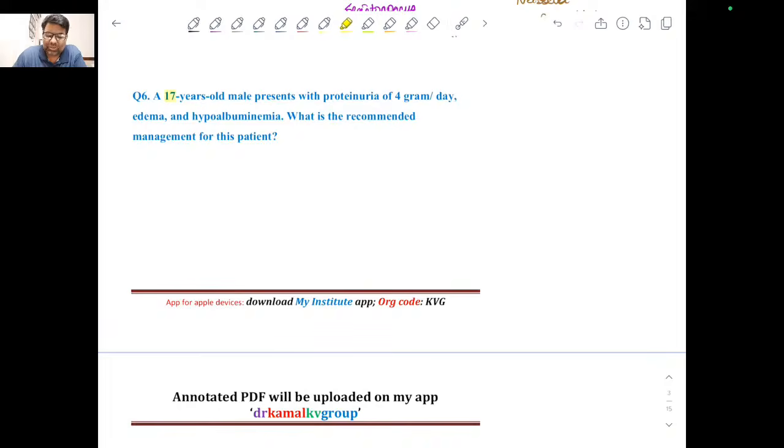a 17 years old has proteinuria of more than 4 gram per day. There is edema and hypoalbuminemia. What is the recommended management? So let us write the keywords first. Obviously one of the important keyword is 17 years old male.